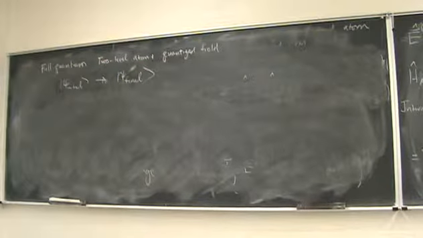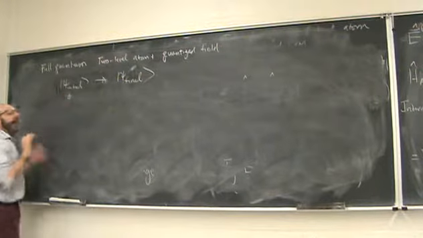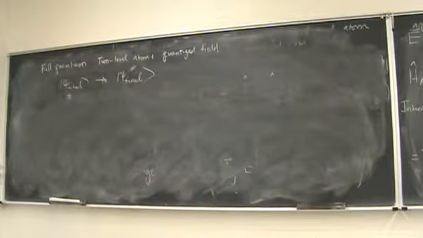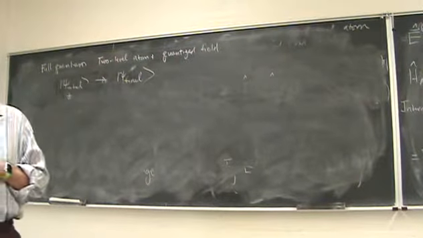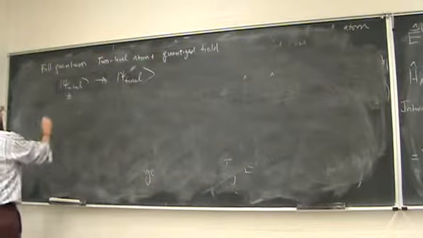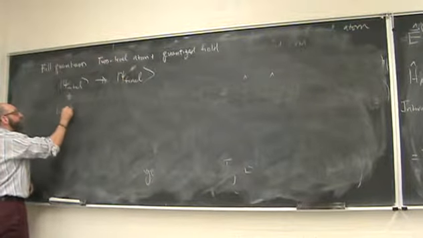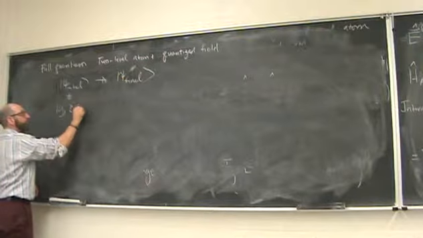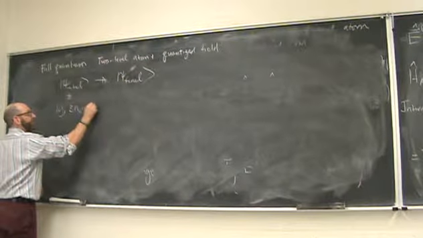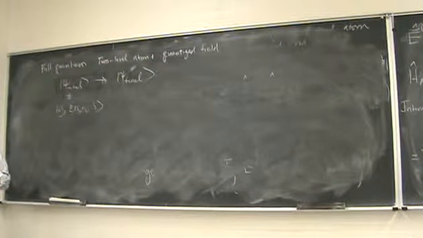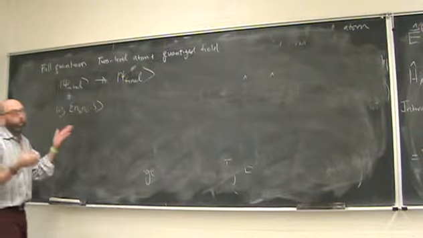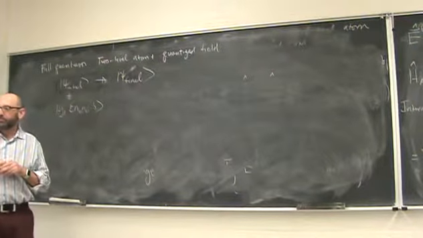Suppose this initial state was an eigenstate of the free Hamiltonian, the Hamiltonian without interaction. For example, it might be the atom in the ground state and some number of photons in all the modes, or the atom in the excited state.